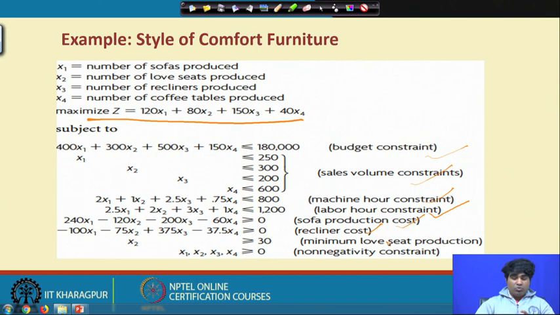So, we have multiple constraints, and the problem is also multivariate in structure, having 4 different decision variables, that is x 1, x 2, x 3 and x 4, and then more constraints. Out of all the constraints, the first couple are less than type, and then we have another set of constraints which are greater than type.